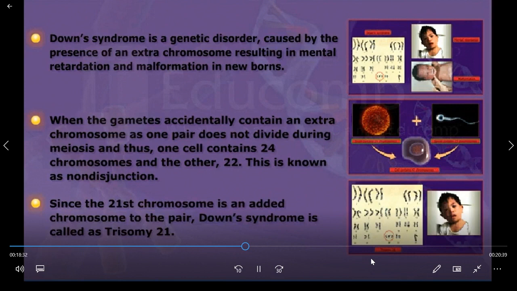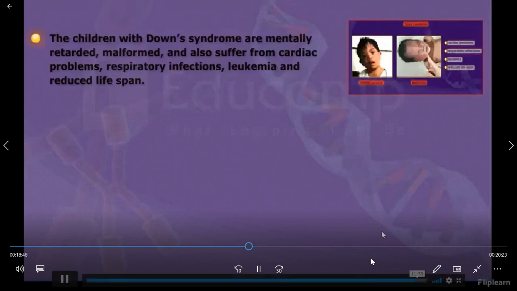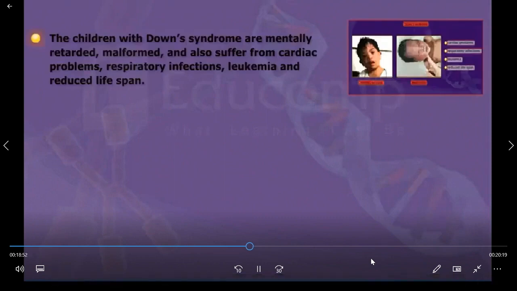Since the 21st chromosome is an added chromosome to the pair, Down syndrome is called as trisomy 21. The children with Down syndrome are mentally retarded, malformed, and also suffer from cardiac problems, respiratory infections, leukemia, and reduced lifespan.